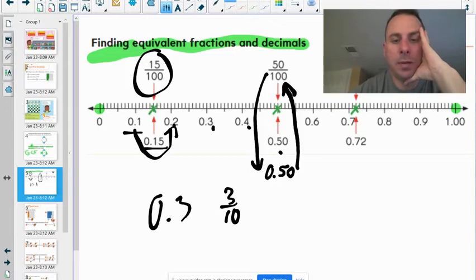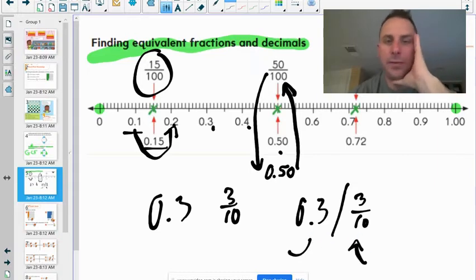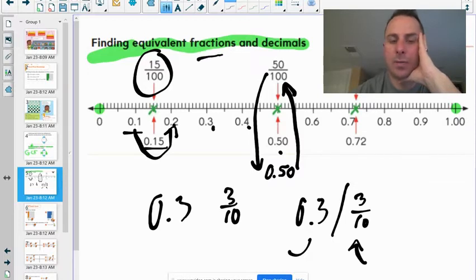Maybe some of you would just write both, as your answer. And you'd all be correct, because I didn't really specify 3/10 as a fraction or a decimal. So you can write numbers in a variety of ways.